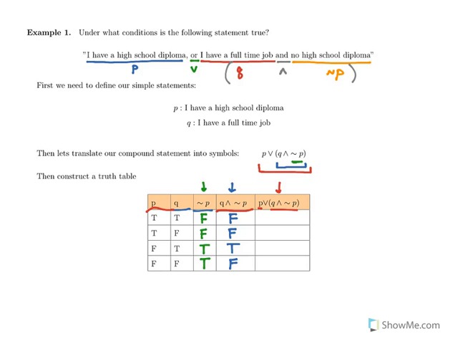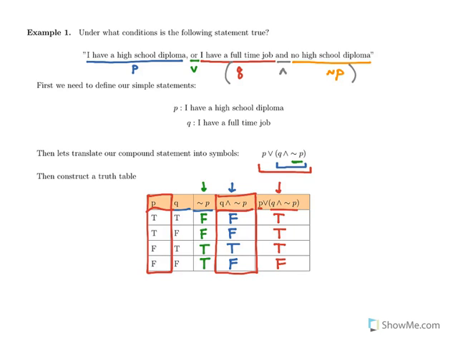So in order for the "or" to be true, there has to be a true in at least one of the columns. We're looking for if there's a true in either column, then our whole thing is true. So we have true, true, true, and false in the last one. And this last column is what we are analyzing.